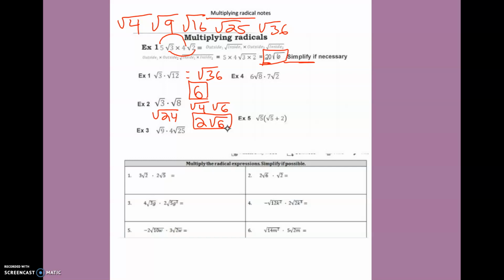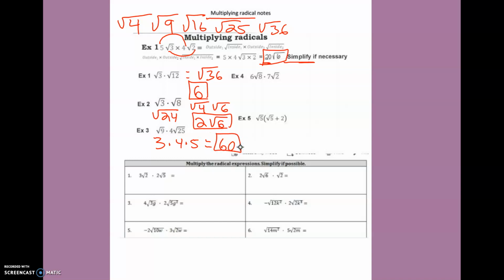So sometimes you could take this route. All right, so the square root of 9 is 3, right? And then we're going to have 4. We'll take the 25 out as a 5. So basically, you're just going to do 3 times 4 times 5, which will give me an integer of 60, right?